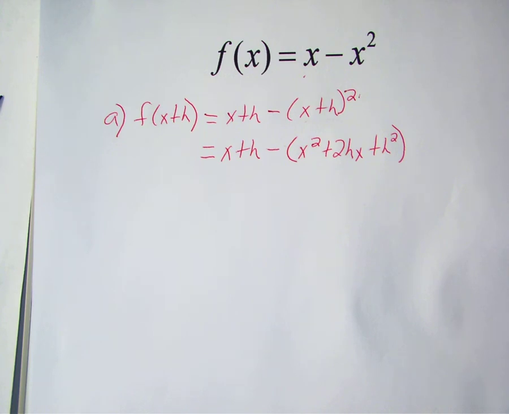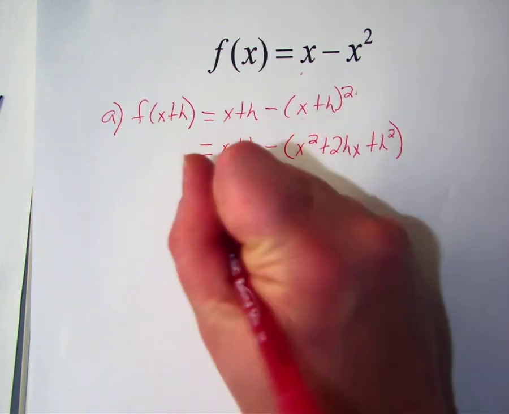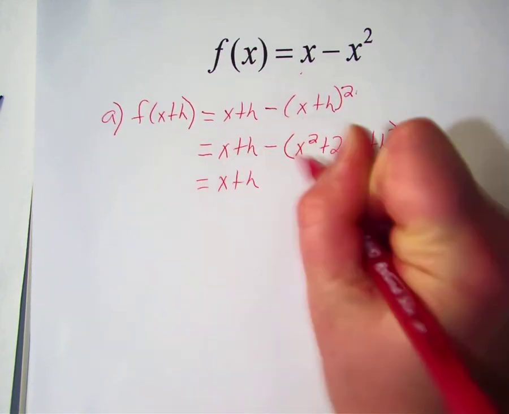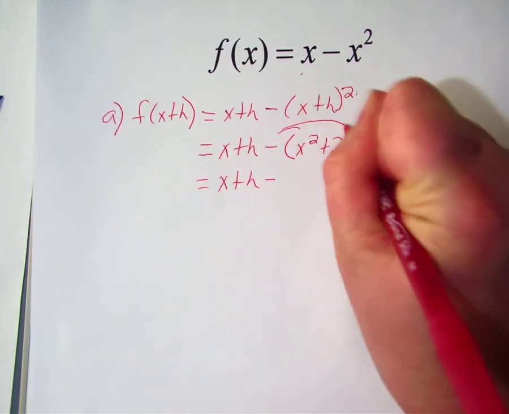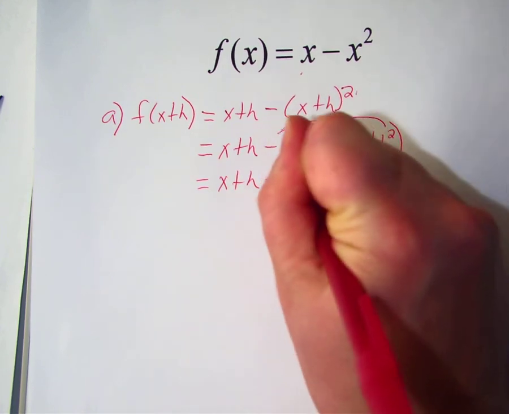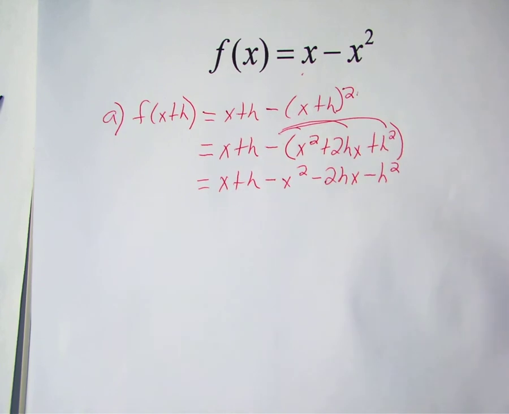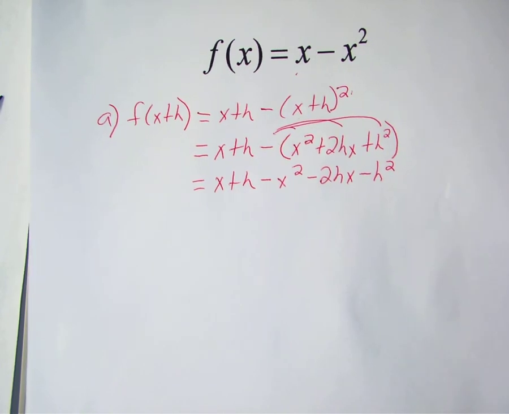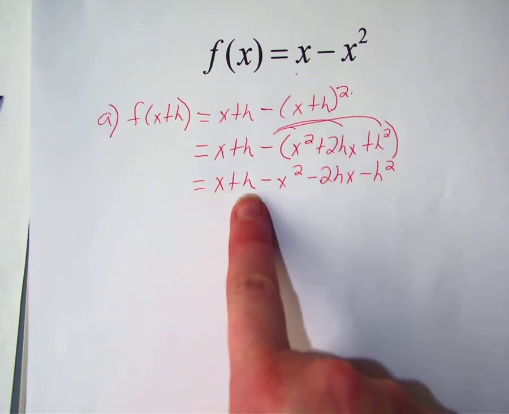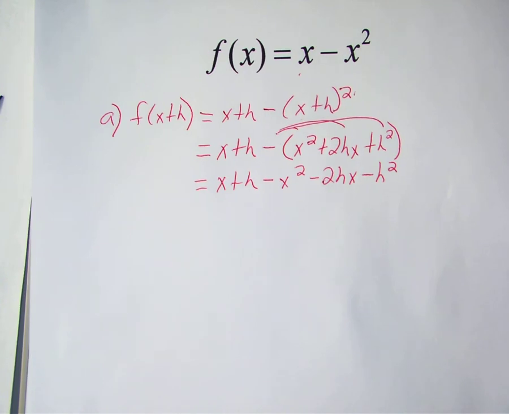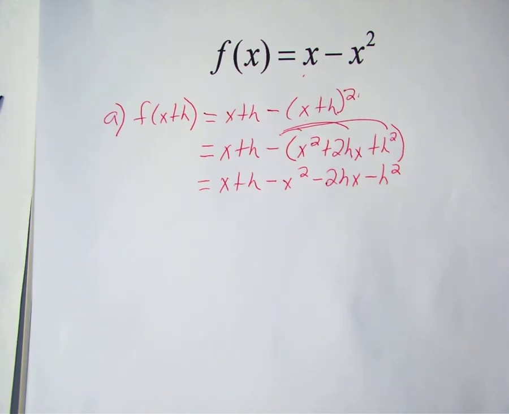I'm going to distribute the negative. So everything in this parentheses has to change the sign. And then combine like terms. There are no like terms. So that's it for step A.